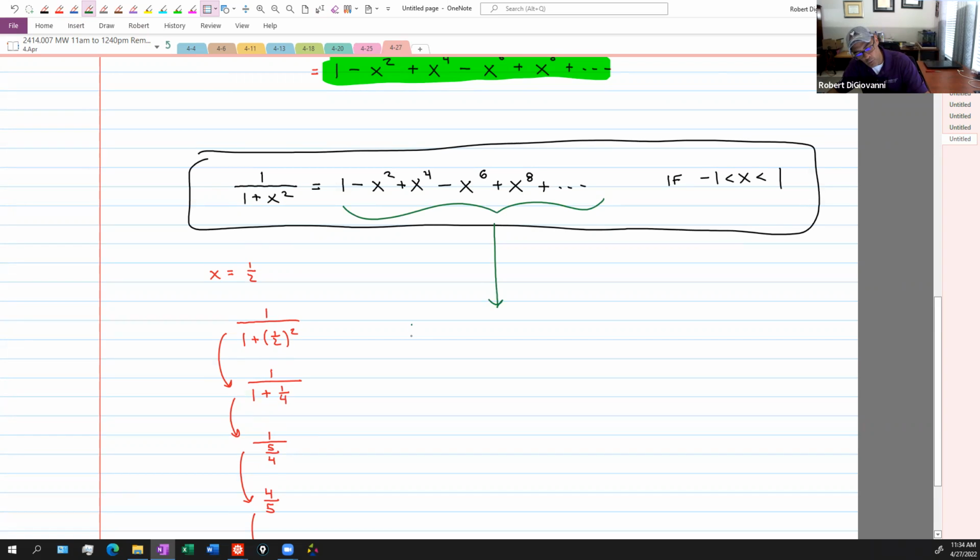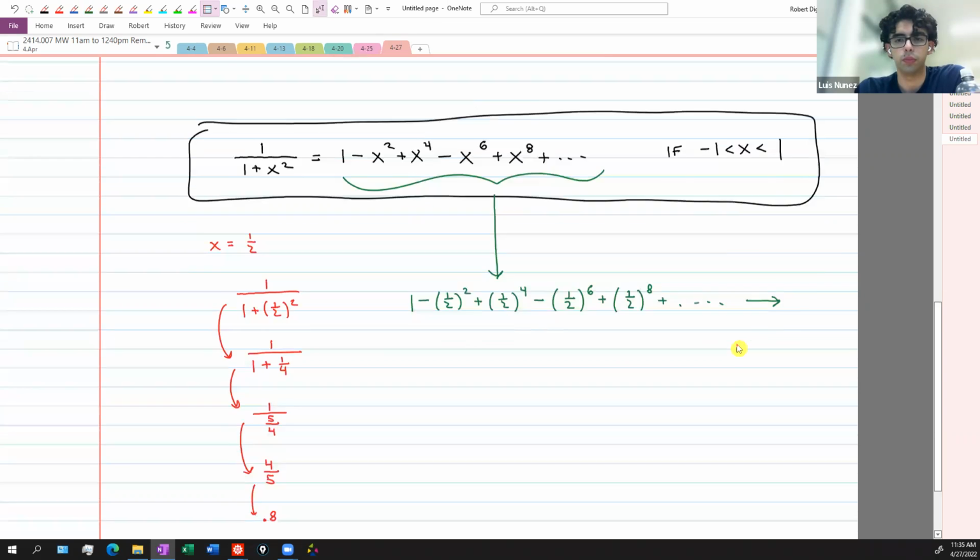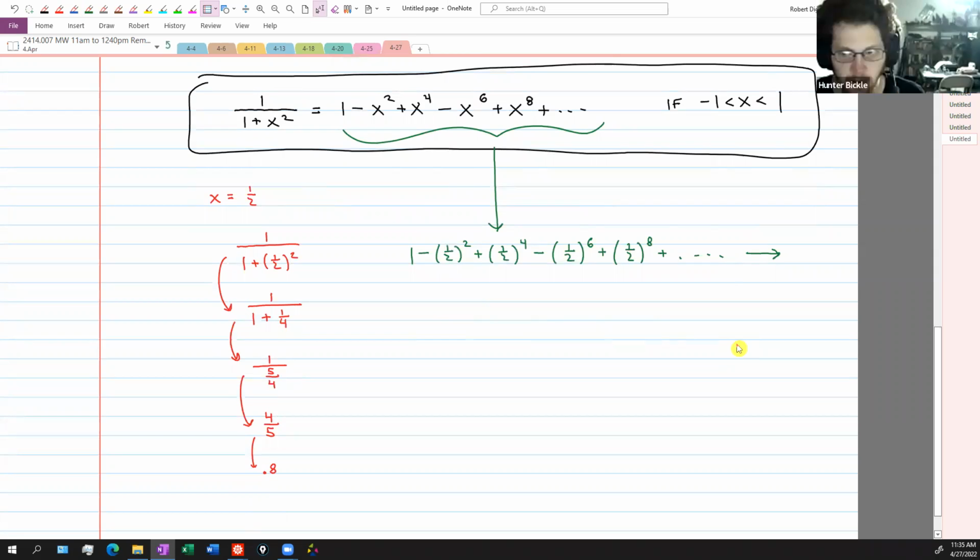So if I do 1 minus 1/2 squared plus 1/2 to the 4th minus 1/2 to the 6th plus 1/2 to the 8th, if I did that forever and ever, what would this be getting closer to? 0.5? No, 0.5 is what we're plugging in.